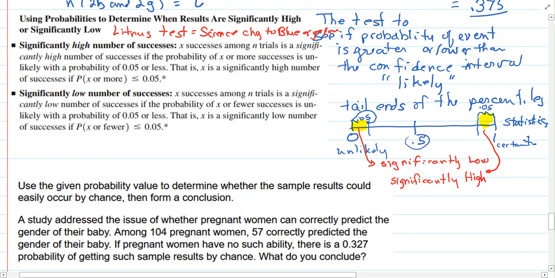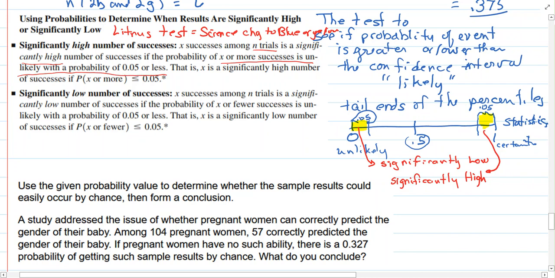Significantly high number of successes: X successes among N trials is a significantly high number of successes if the probability of X or more successes is unlikely, with a probability of 5% or less.